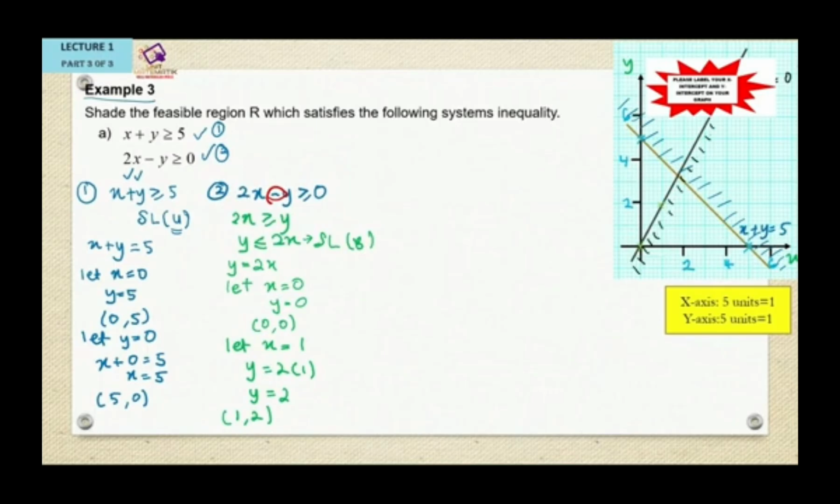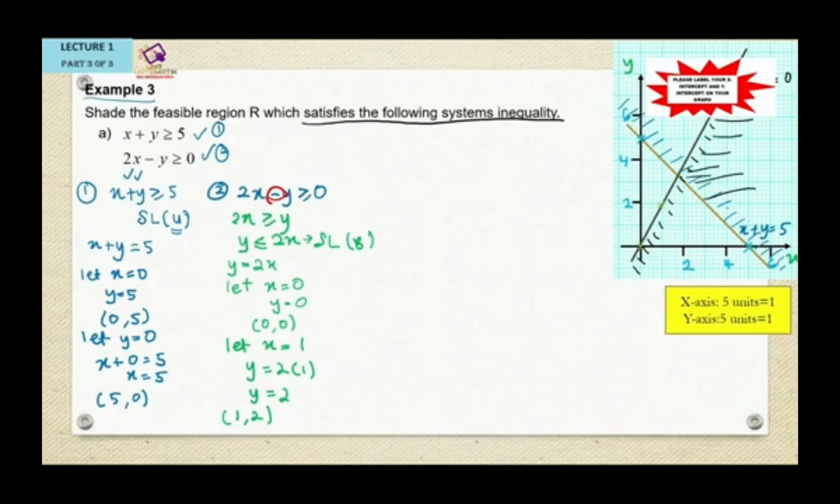Now we need to identify the feasible region which satisfies the following system of inequalities. So here we need to find the intersection. Where does the intersection happen? The intersection happens here, right? Because here is the shade from the second graph and here is the shade from the first graph. So the intersection of the shade happens here.